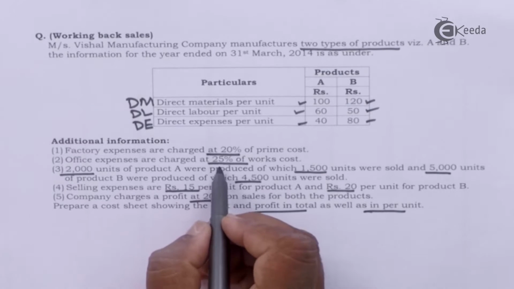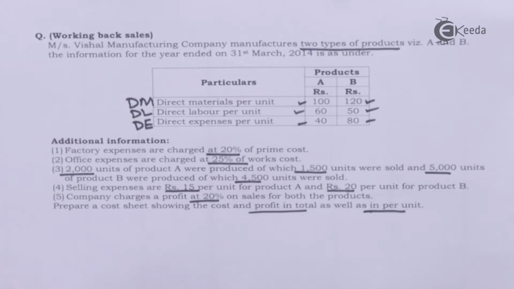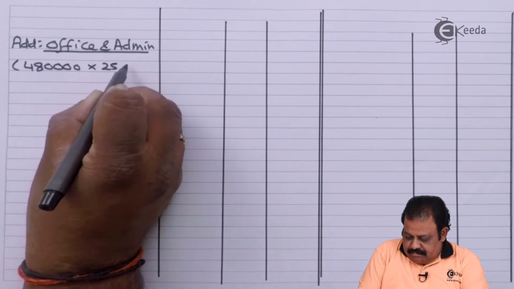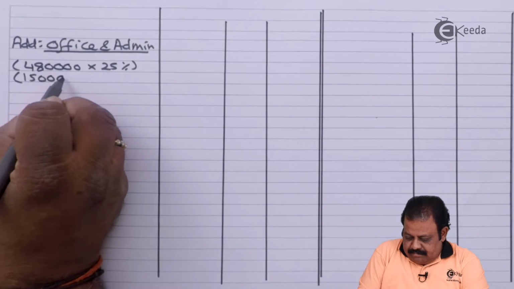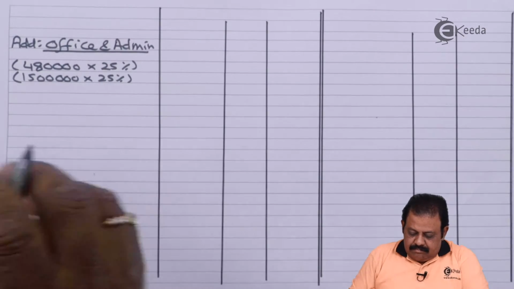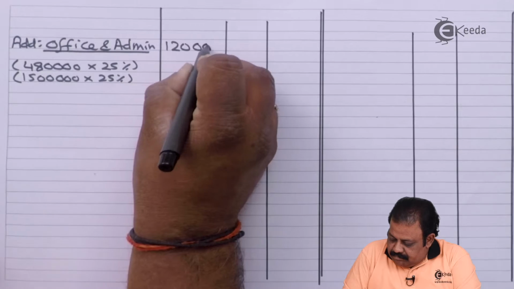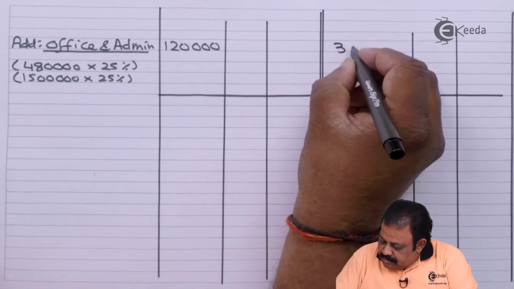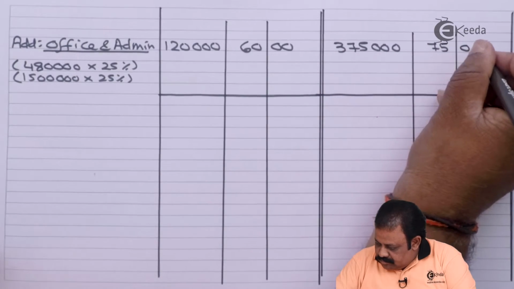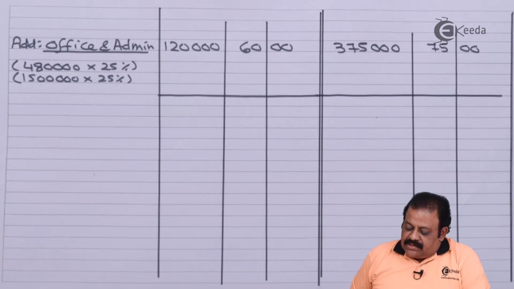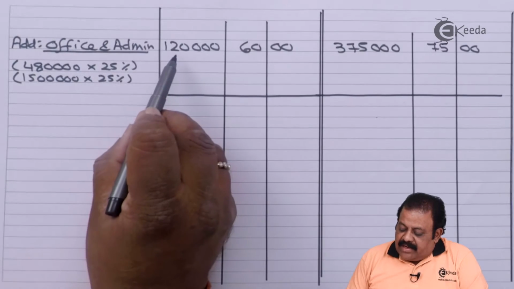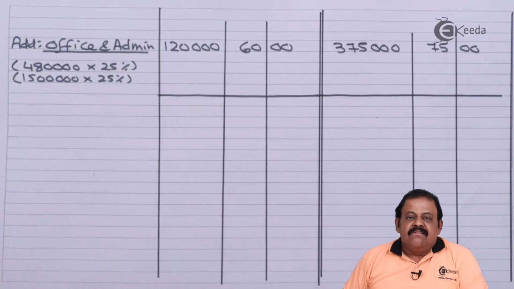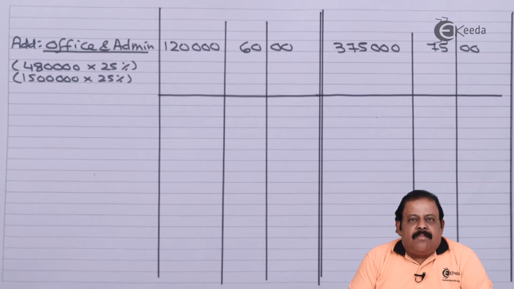Office expenses are charged at 25% of works cost. Office and administration overheads in case of product A will be 1,20,000, per unit 60 rupees. In case of B, 3,75,000, per unit rupees 75, based on the amount of works cost.